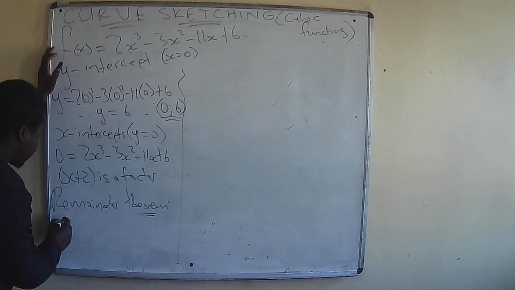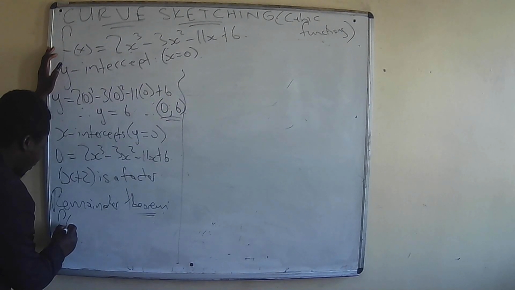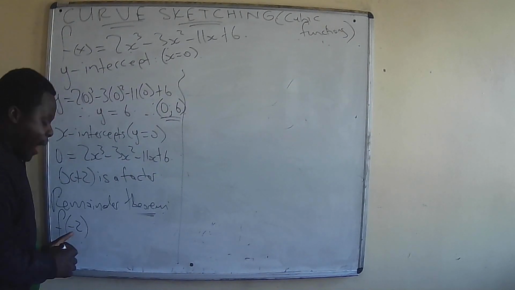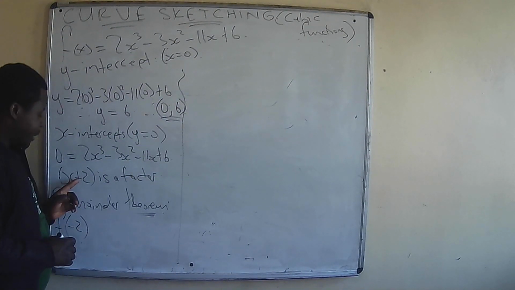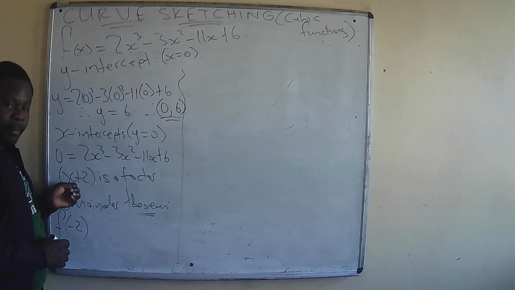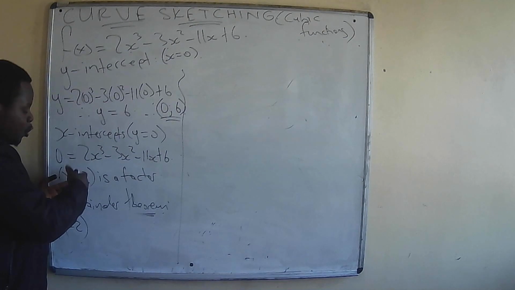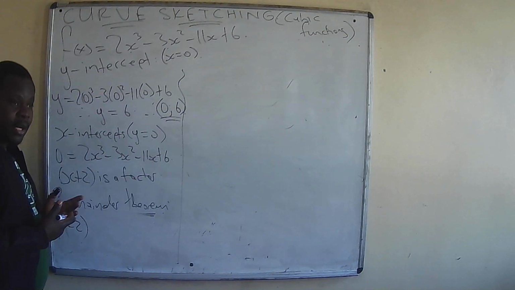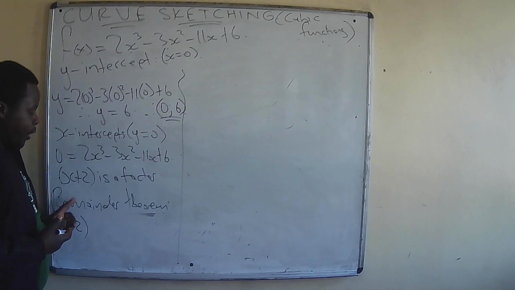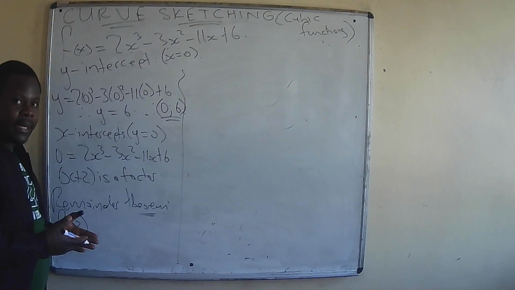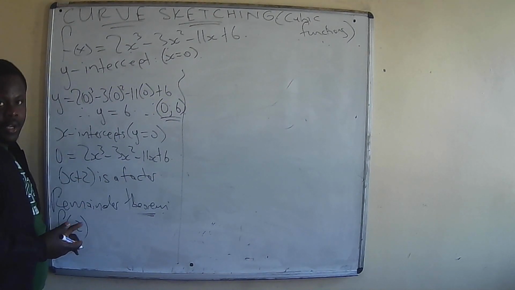So in this case, we are going to substitute f of negative 2. Why negative 2? Because we are given our factor as a positive. x plus 2 equal to 0, the 2 goes to the other side and becomes negative. So the standard is that if it's a positive, use a negative.